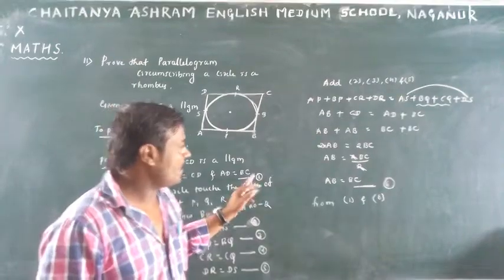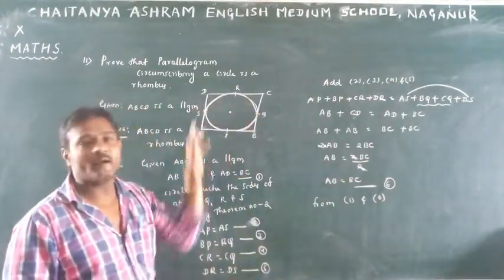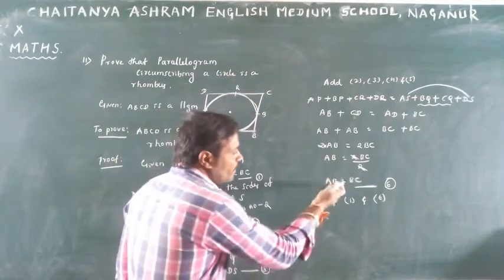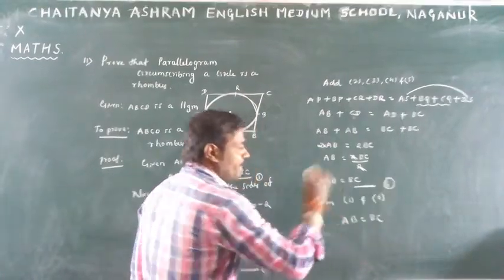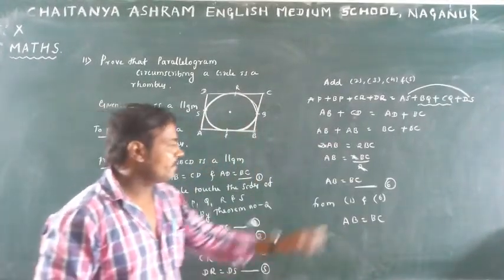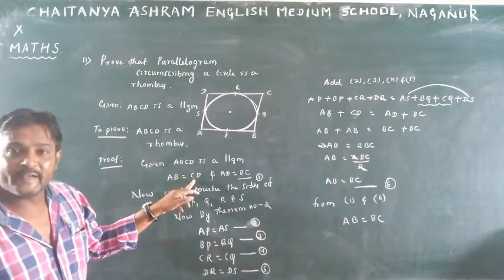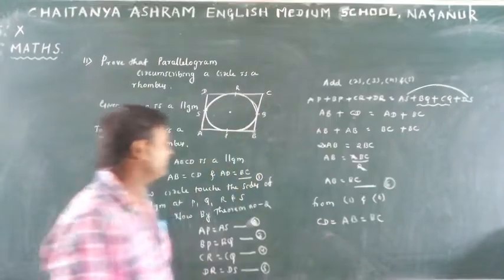So from 1 and 6, all the sides of this parallelogram are equal. What do we obtain here? AB equal to BC. Yes or no? Then that AB is also equal to CD.